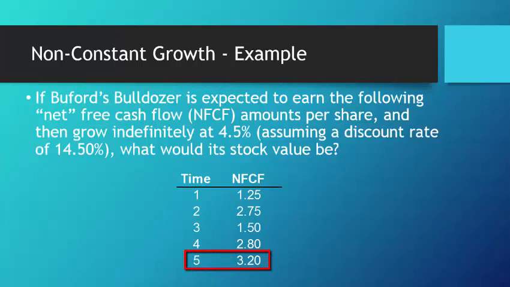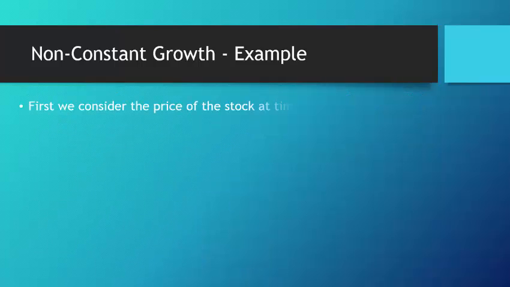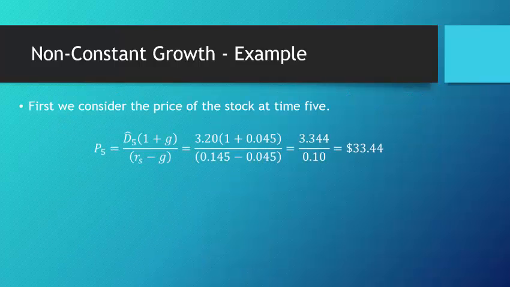That's 3.20 right there, time 5. That's $3.20. I'm assuming that is their net free cash flow. So plugging and chugging, I get 3.2 times 1 plus the growth rate, divided by the R sub S, which I got from chapter 6, minus my growth rate, gives me 33.44.